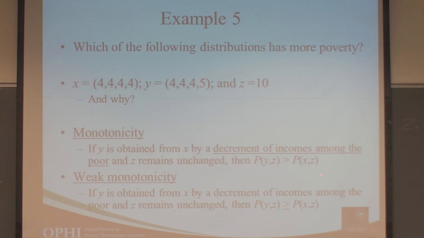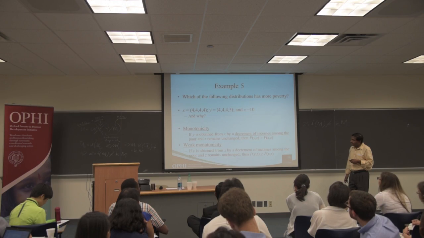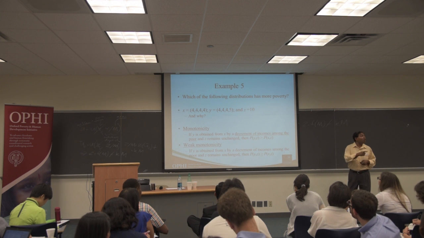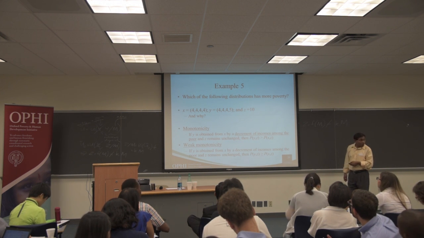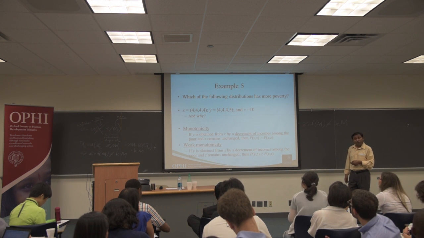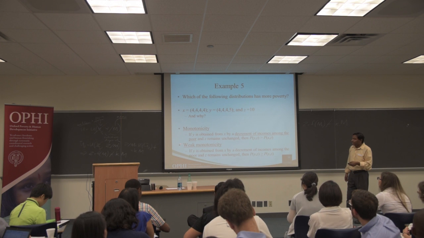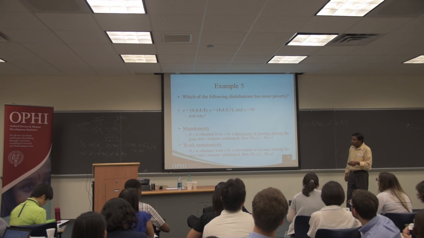Now, what is the difference between this and this? Monotonicity requires that poverty in this situation should strictly change. That will rule out the headcount ratio. Weak monotonicity will not rule out the headcount ratio, because you are allowing the possibility that your poverty may remain unchanged. But note, why is this weak version significant?